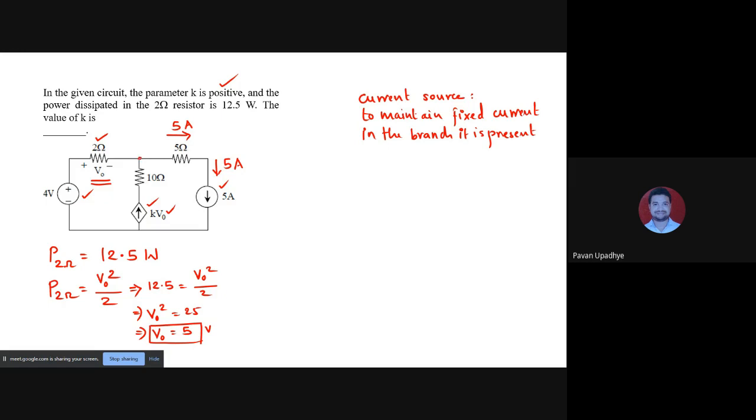So at this point, this is 5 ampere, and again this is a current source, so this will maintain a current of kV0 in this branch.